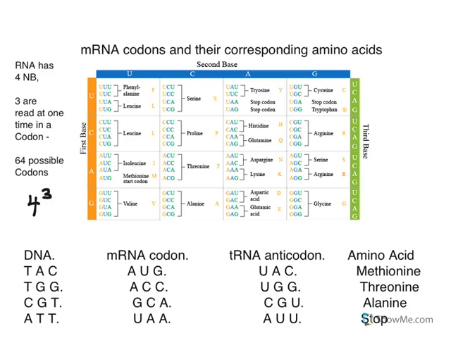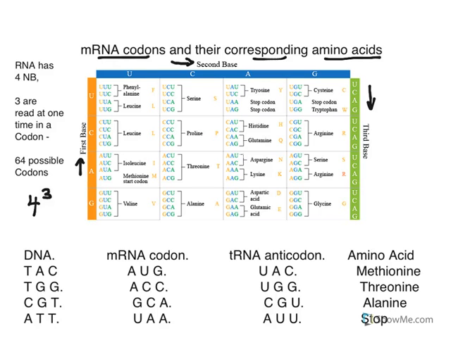This table will show you the messenger RNA codons and their corresponding amino acids that they will be coding for. We are going to read the table starting on the left side with the first nitrogen base in the codon, then along the top for the second nitrogen base, and then along the right side for the third nitrogen base.